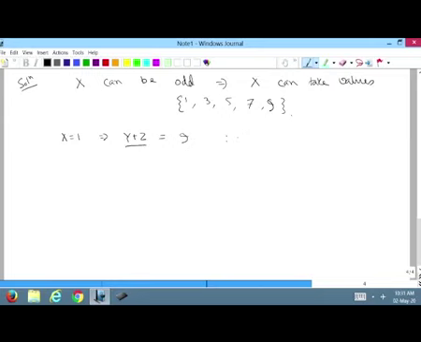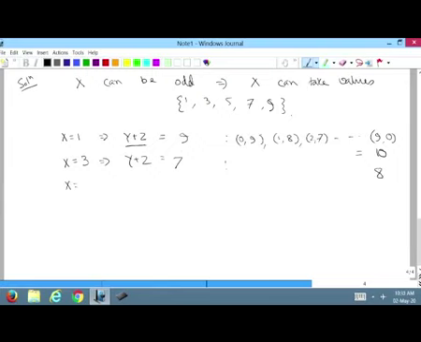The cases are 0, 9; 1, 8; 2, 7; up to 9, 0; that is 10. If we understand that y plus z equal to k implies there are k plus 1 solutions, then we can easily find that x is equal to 3 implies y plus z is equal to 7. Therefore, the number of solutions is 8.